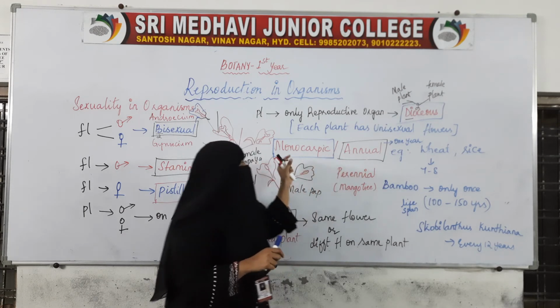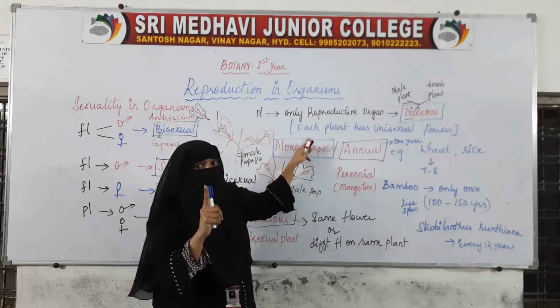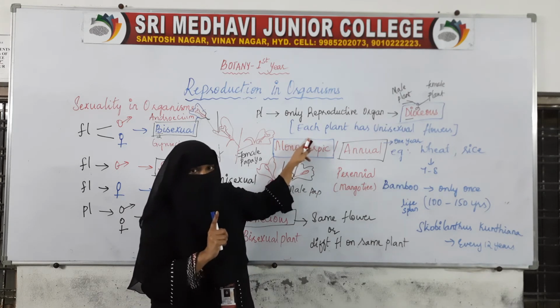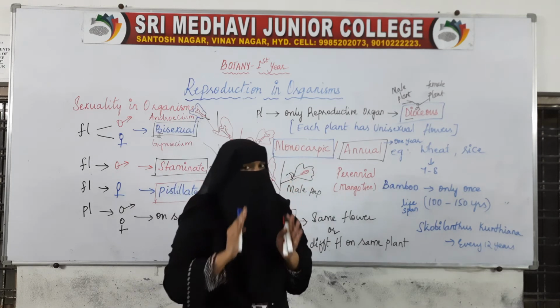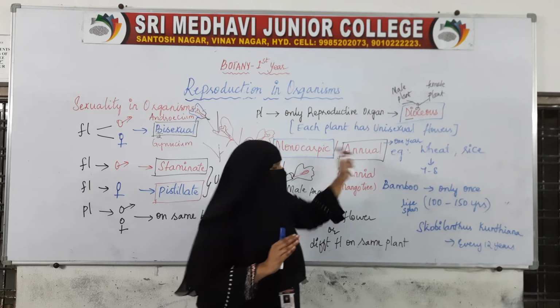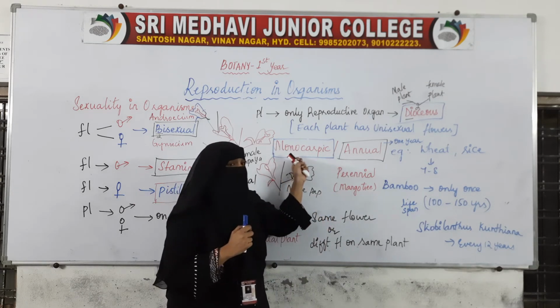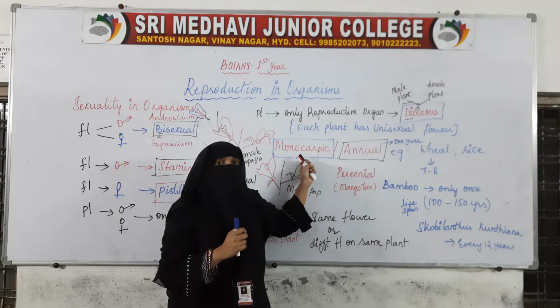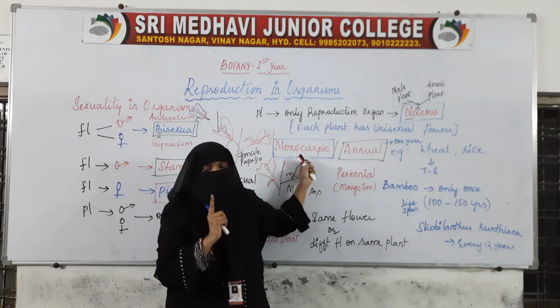Another word here: if flowering takes place only once in the lifetime. Annual plant means living for only a year or less than a year. Coming to monocarpic. Monocarpic means the plant which produces flowers only once in its lifetime.